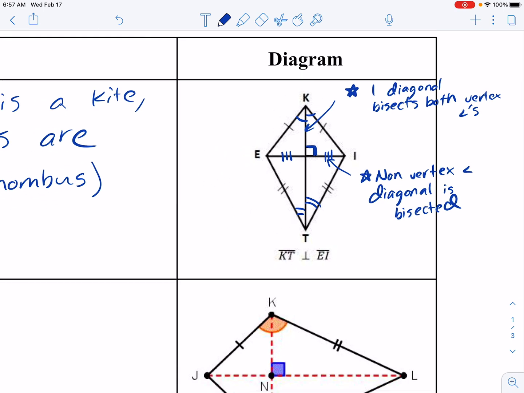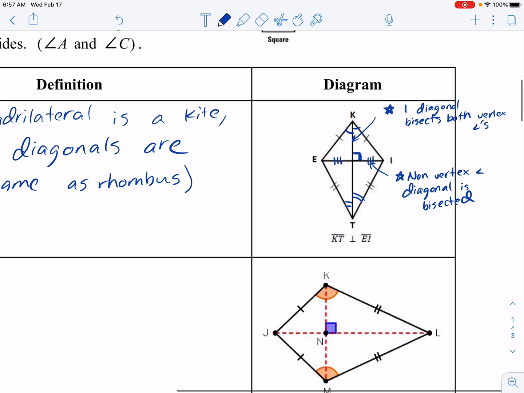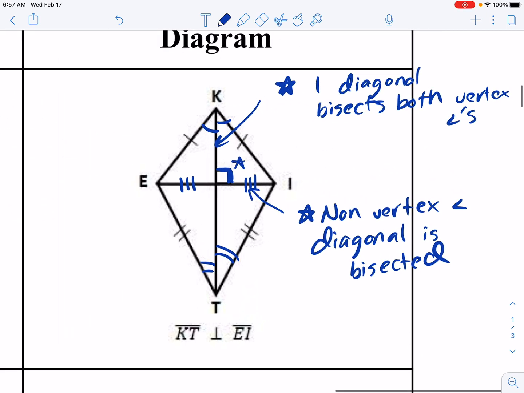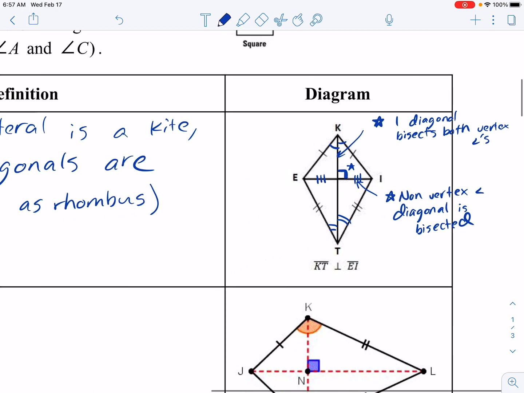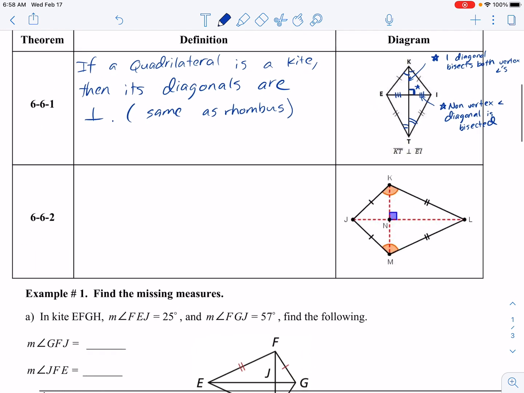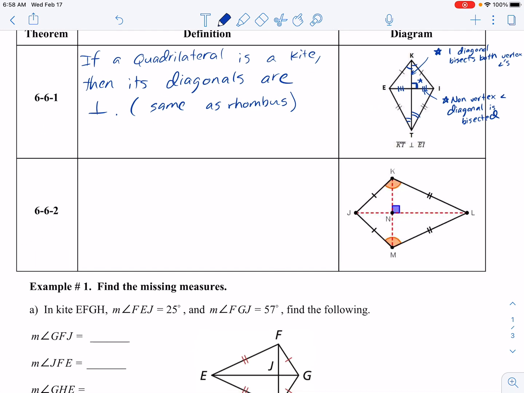So two additional properties of your diagonals here. There's really three we talked about, right? The first one being the diagonals meet at 90-degree angles. One diagonal bisects both of its vertex angles, and then the non-vertex angle diagonal is bisected. Okay, and we'll talk more about those properties when we're solving for some measures in just a sec here.